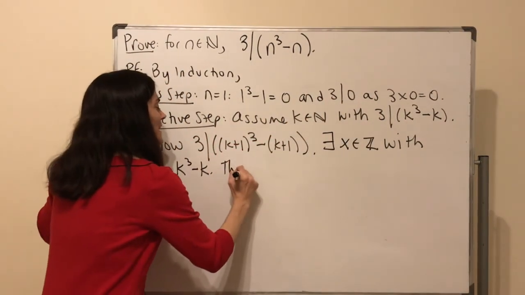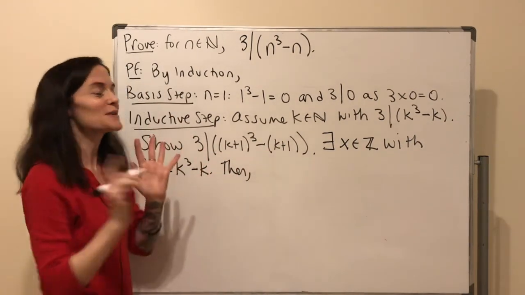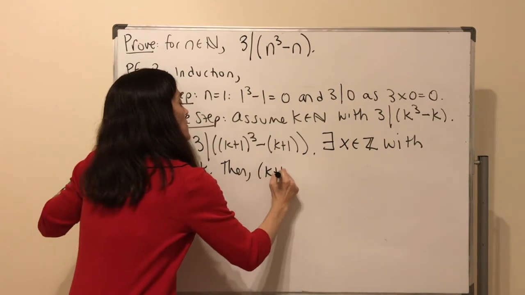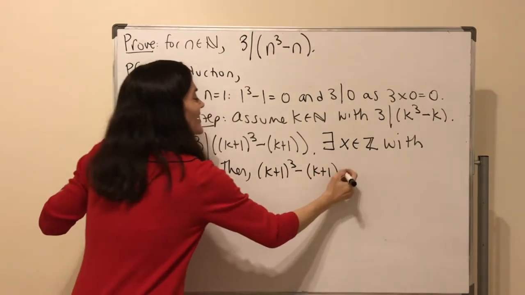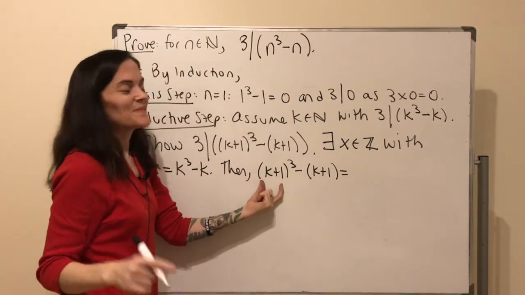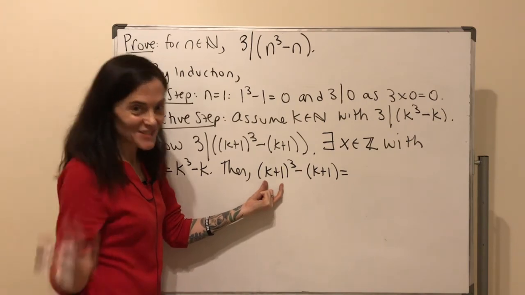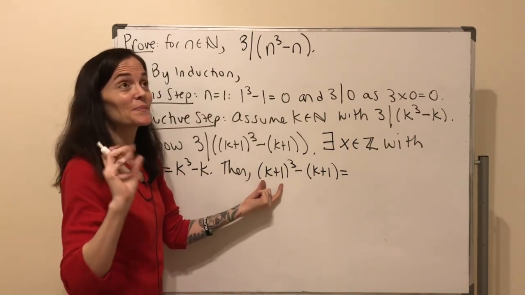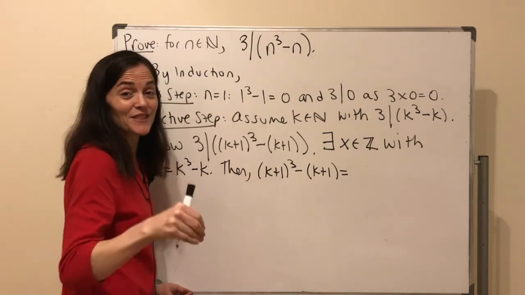Then, well, I want to say something about k plus 1 cubed minus k plus 1. And if we remember our binomial theorem or Pascal's triangle, and we have used this more than one time this semester, the coefficients here will be 1, 3, 3, 1.